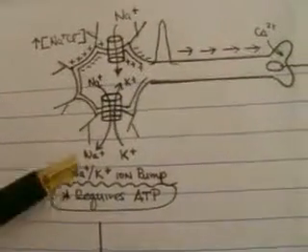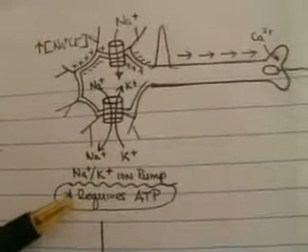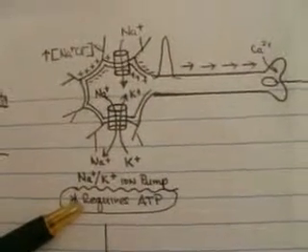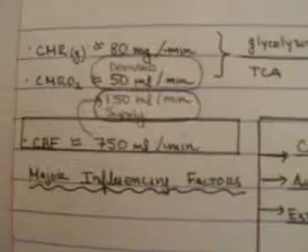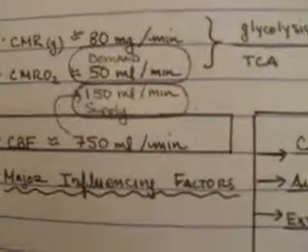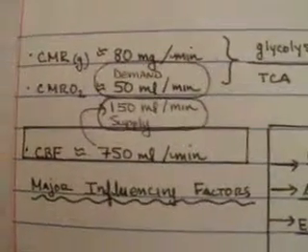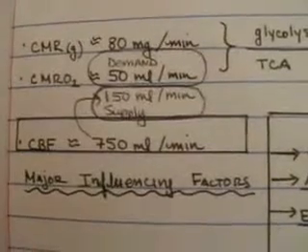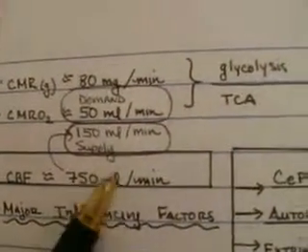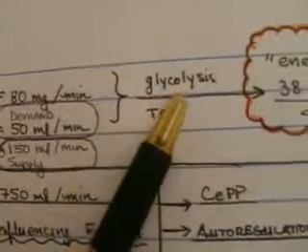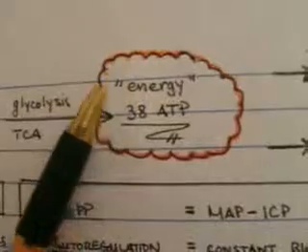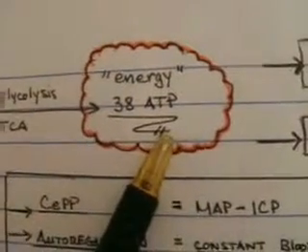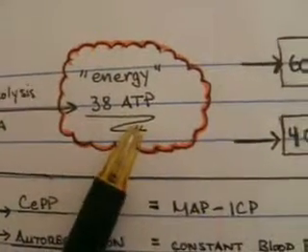We'll see that it requires energy, and that energy is in the form of ATP. So if we look back at the beginning premise, the brain requires approximately 80 milligrams of glucose per minute and about 50 mLs of oxygen per minute, which allows the brain tissue to use glycolysis and TCA to form approximately 38 ATP for every glucose molecule oxidized.